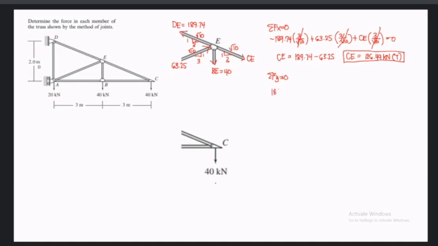So this is 189.74 times 1 over square root of 10. And then positive 63.25 times 1 over square root of 10. And then minus 40. Tapos yung nakuha natin na CE. So downward siya. So negative yung Y component niya. So this will become 126.49. And then multiplied by 1 over square root of 10 is equal to 0. So tingnan natin kung magsi-0 ba siya.